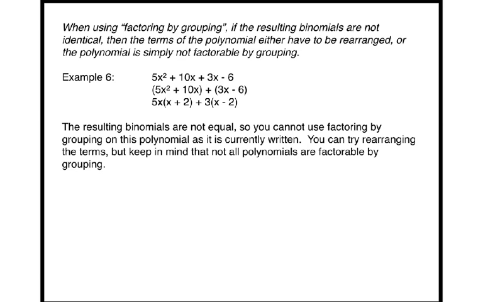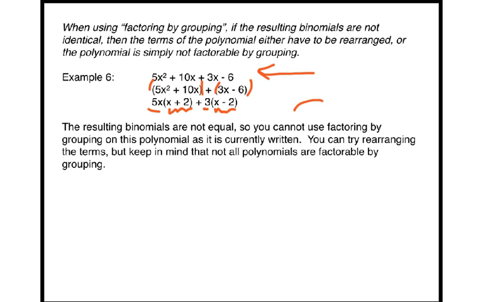Finally, when using factoring by grouping, if the resulting binomials are not identical, then the terms of the polynomial either have to be rearranged or the polynomial is simply not factorable by grouping. Notice in this example, we start with 4 terms, and we group them into parentheses, and we have the plus sign in between them, and we bring out the GCF, but then, x plus 2, x minus 2, those binomials are not the same.